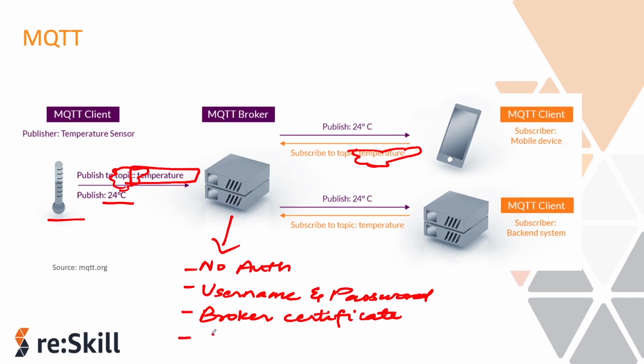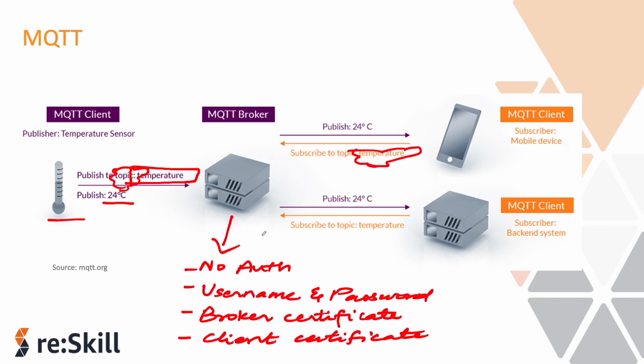And there is also something called client certificate validation. This is what AWS IoT Core uses, which is kind of mandatory, or the only way any device can connect to AWS IoT Core. So what happens in client certificate is that not only does the IoT device validate the MQTT broker, but the MQTT broker also validates the IoT device.